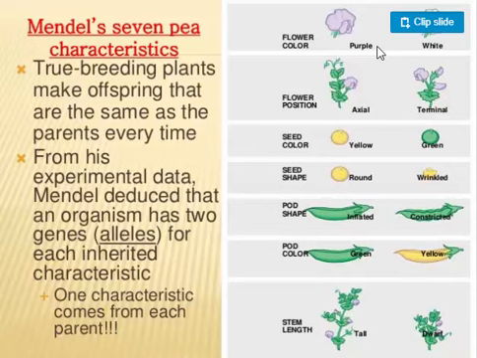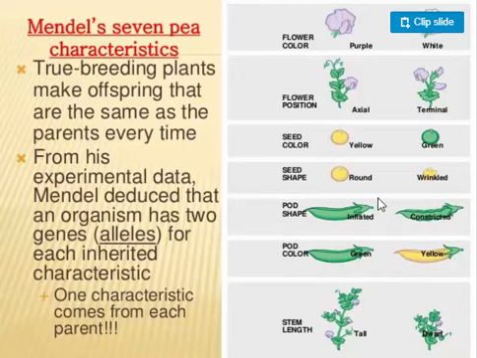So first of all, he crossed the white with the purple colors. The resulting offspring, what did he get in the first generation? He got all purple flowers. So the trait for the white flowers seemed to disappear at this point. So what did he do?